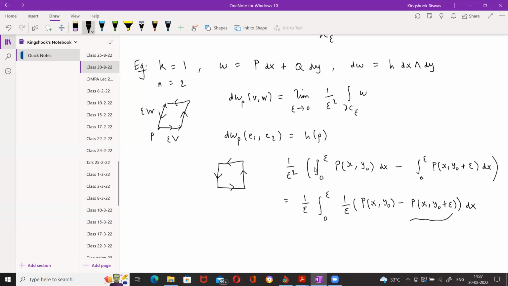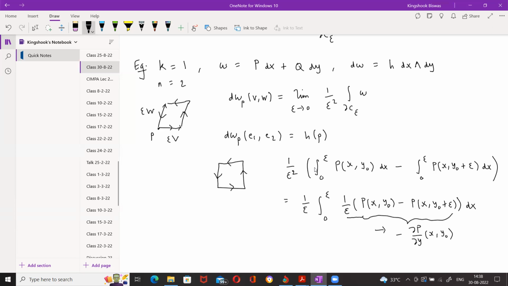So this thing converges to what? This converges to minus this whole thing divided by the epsilon. This converges to minus del p del y of x comma y naught. And then I'm integrating from 0 to epsilon and dividing by epsilon.